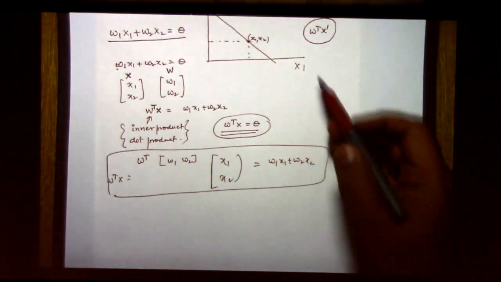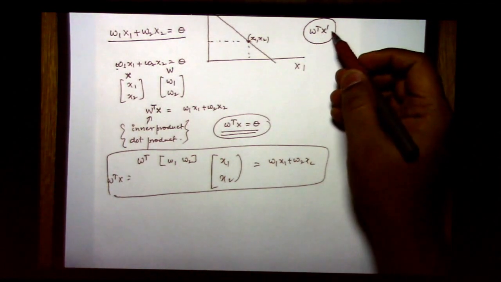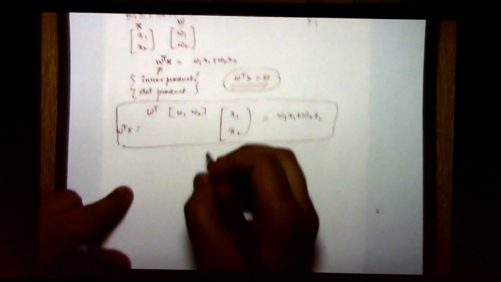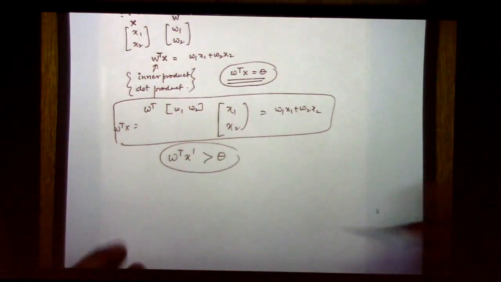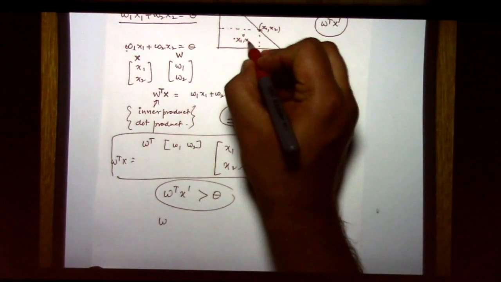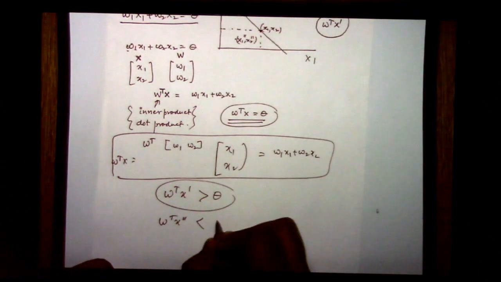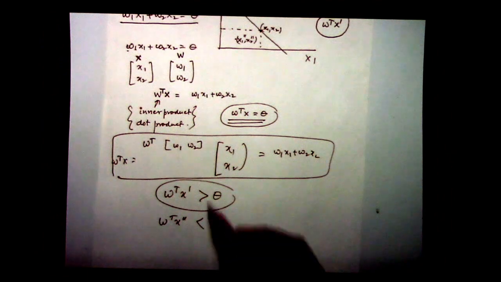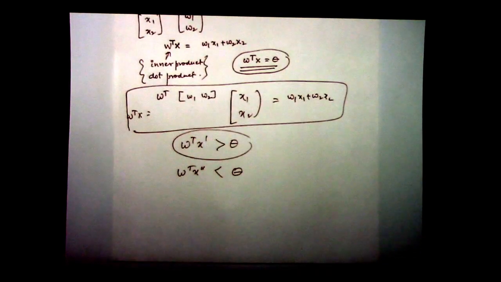Because it is on the line. But if a point is over the line, on this side of the line, then W transpose X prime will be greater than theta. And if there's a point x1 double prime, x2 double prime on this side, then W transpose X double prime will be less than theta. All right. So this equation lets us quickly judge where this point lies with respect to theta. That is basic geometry.